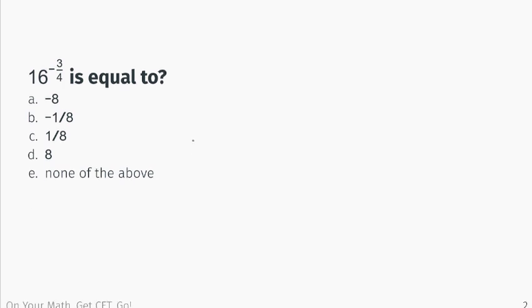The first item states that 16 raised to negative 3 over 4 is equal to which among these choices? So we have here 16 raised to negative 3 over 4. We have to find which among these numbers is equivalent to 16 raised to negative 3 over 4.